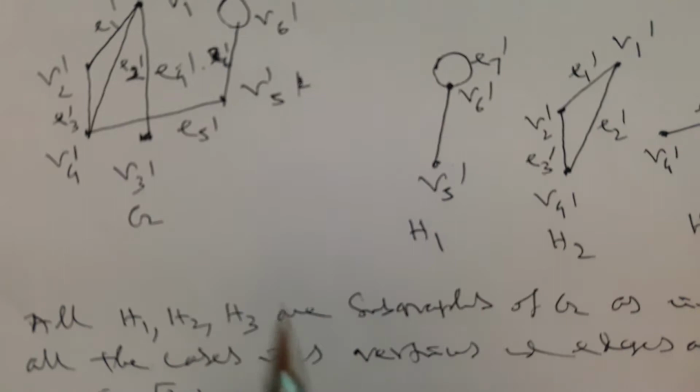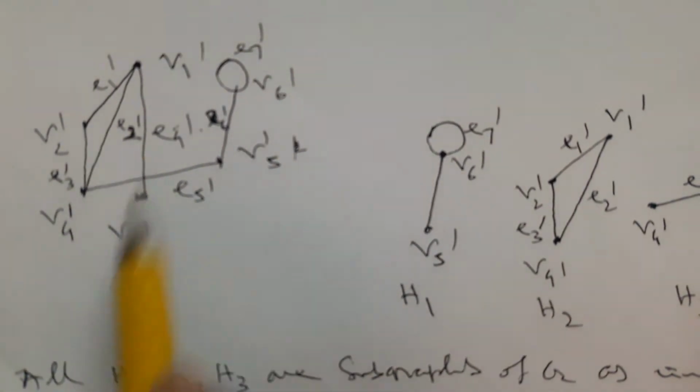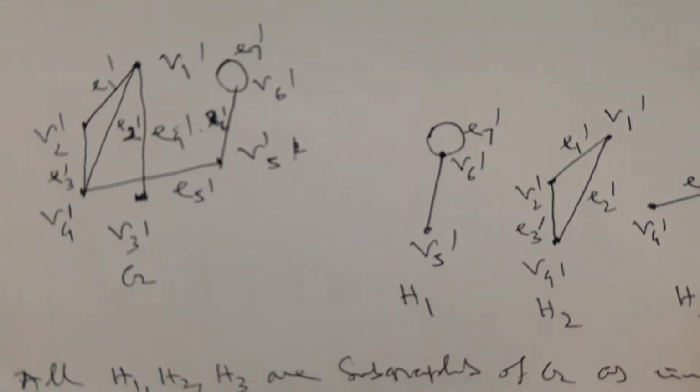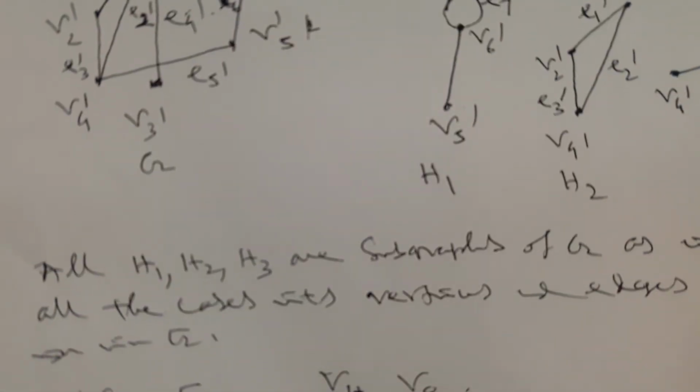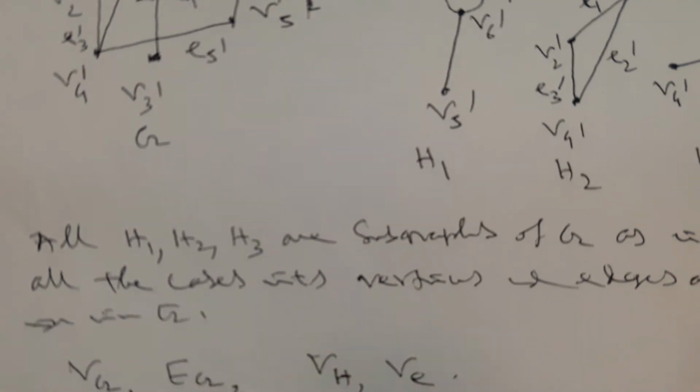But here we give the sign improper subset, not proper, because of the trivial case, since G is a subgraph of G, so it is a trivial case. Otherwise it is a proper subset.